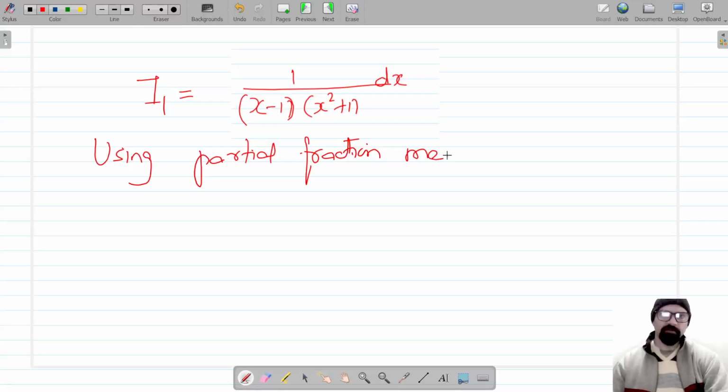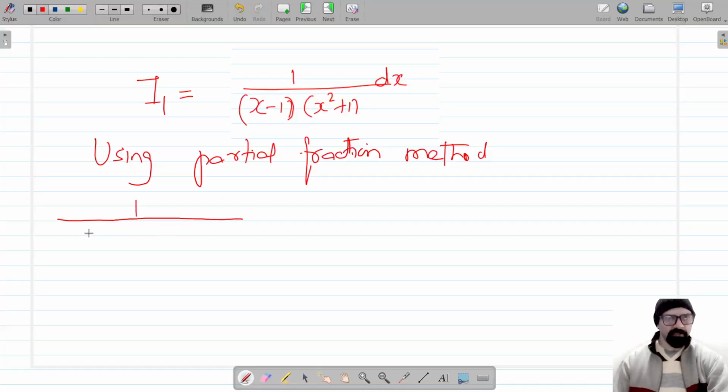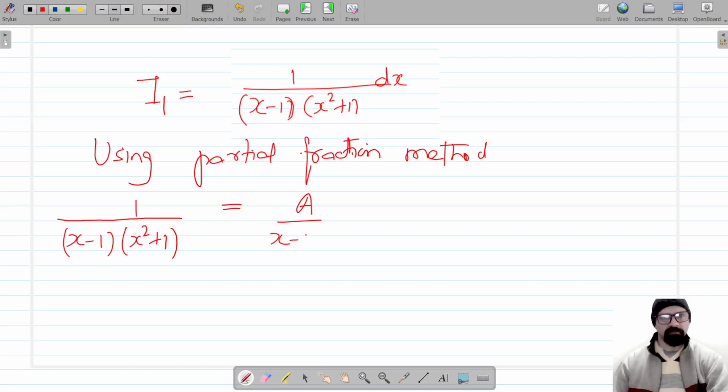According to the partial fraction method, I can write this in the form: 1 upon x minus 1 into x squared plus 1 can be written as A upon x minus 1 plus Bx plus C upon x squared plus 1.